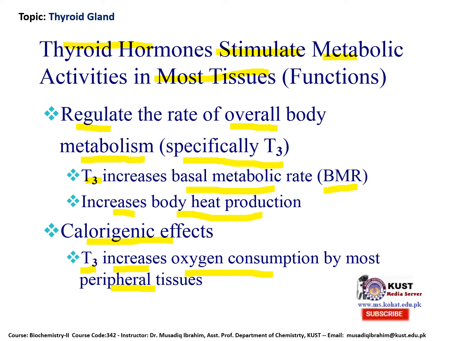Since energy use is measured in calories, this effect is known as the calorigenic effect. Apart from that, the brain, the gonads, and the spleen are heat sensitive, and therefore they are unresponsive to the calorigenic effect of thyroid hormones.